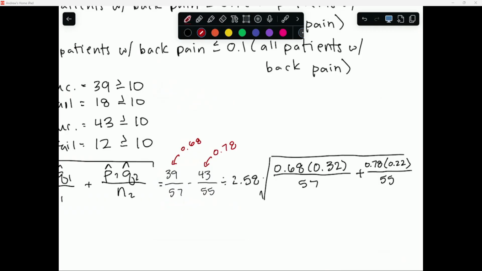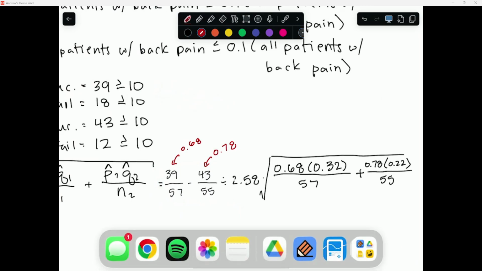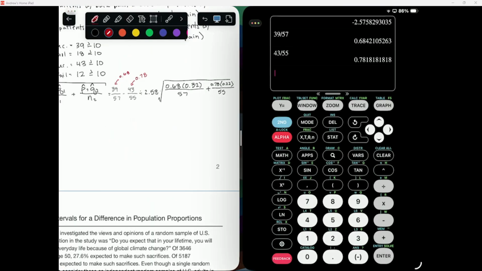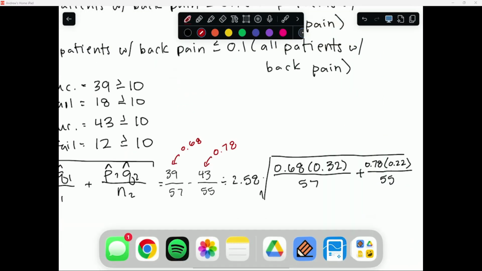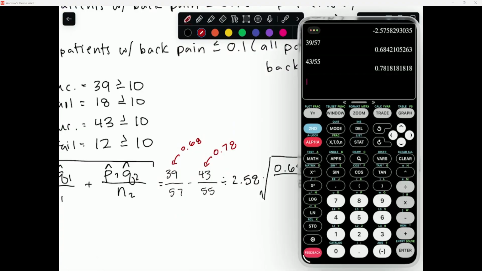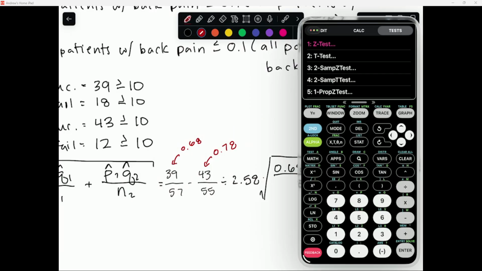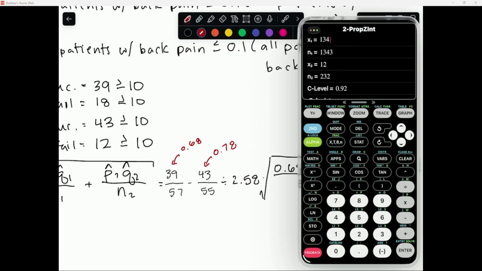So we can either plug this into our calculator as it sits, or we can pull up 2 prop z int. So let's go ahead and do 2 prop z int so we can see what that looks like on your calculator. So stat tests, and 2 prop z int is going to be somewhere down towards the bottom. Option B, right beneath 1 prop z int, asks us for similar information.